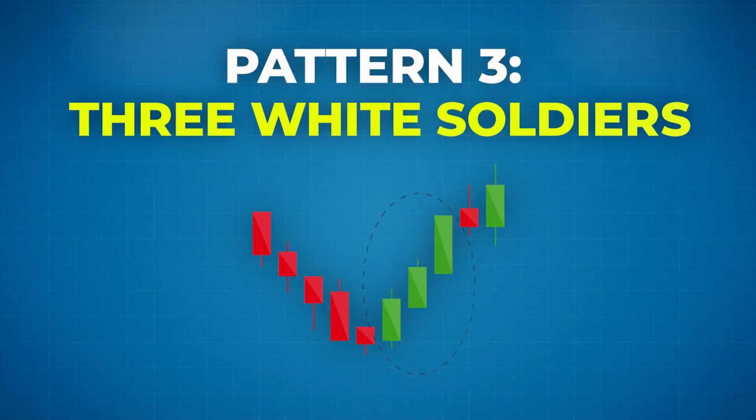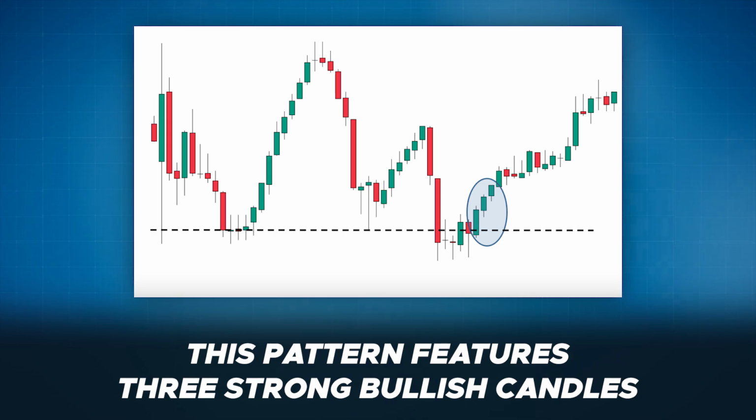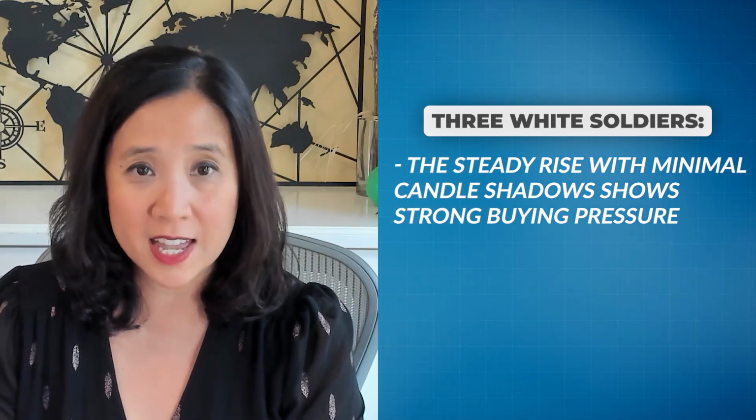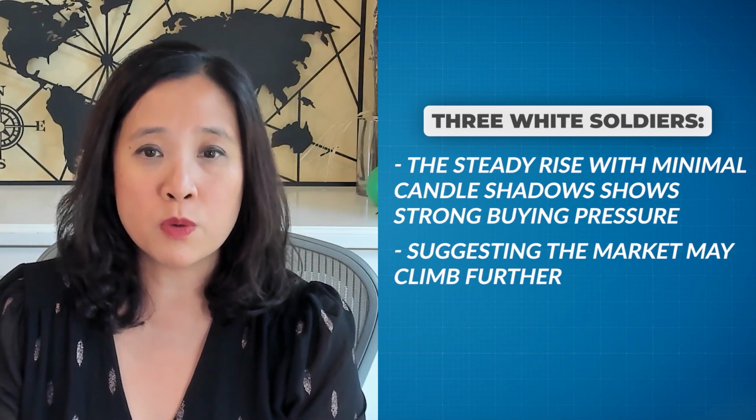Our third pattern is the 3 white soldiers. 3 white soldiers is the opposite pattern of 3 black crows. This reversal pattern consists of 3 positive green strong bullish candles. When you see this formation, it is a clear sign that buyers have taken control and that the trend is shifting from negative to positive. The steady rise without large shadows on the candles indicates that buying pressure is strong and the market may continue to move higher.